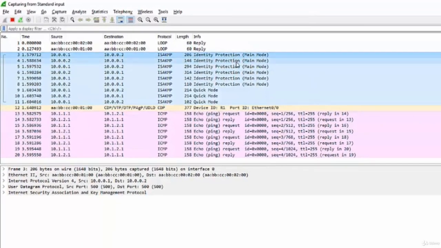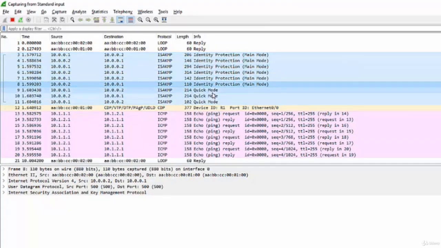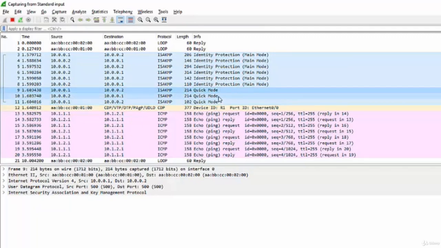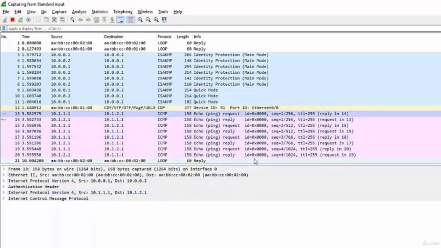The 6 main mode messages, 1, 2, 3, 4, 5 and 6, are exchanged. Then we have the quick mode that establishes the phase 2 setup. Then we have the 3 quick mode packets. And then you have the authentication header packets.